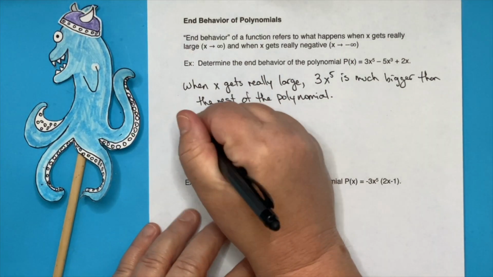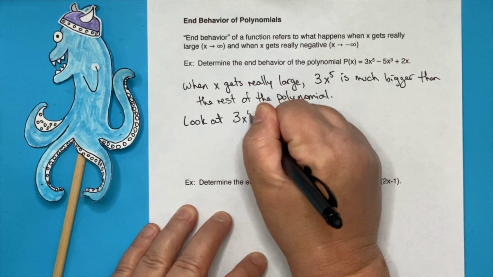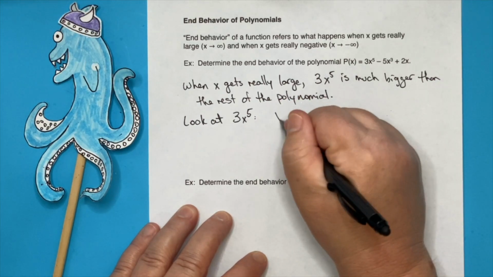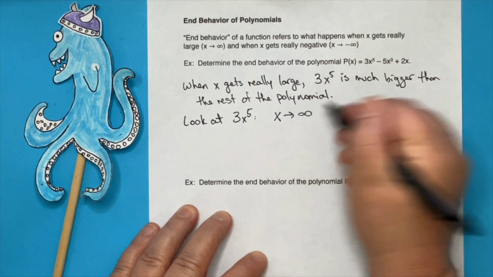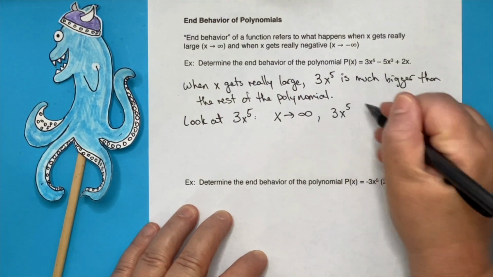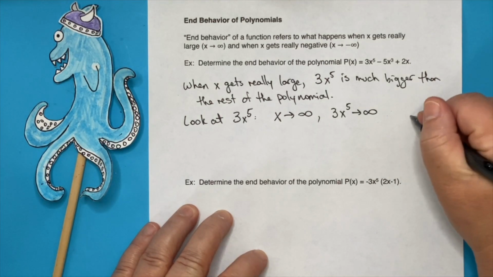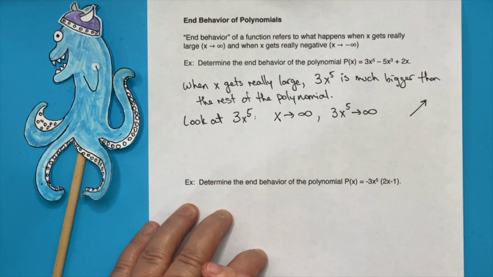So we look at 3x to the fifth. When x gets really, really positive, 3x to the fifth gets really, really positive. So in other words, it's going to go up at the end.